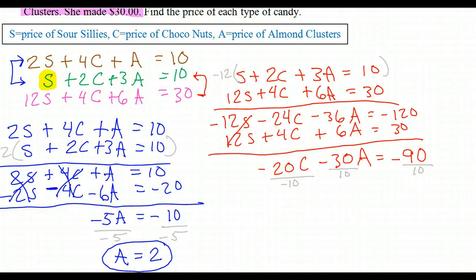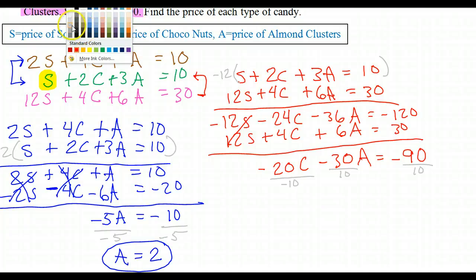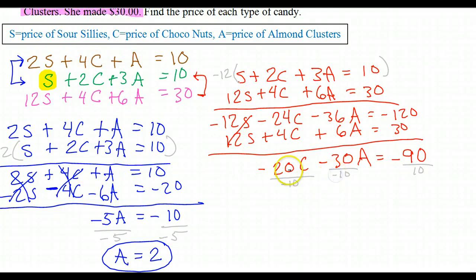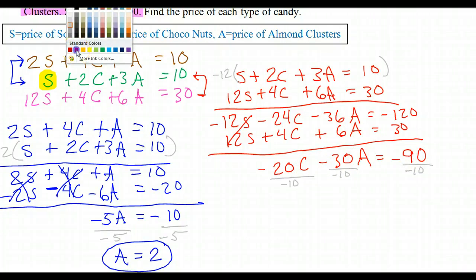okay, then the red equation becomes, oh, you know what, I said 10, but then I did. You know what, just for fun, I am going to divide them all by negative 10. I put the little minus here. If I divide by negative 10, everything will even turn positive, which makes me happy.